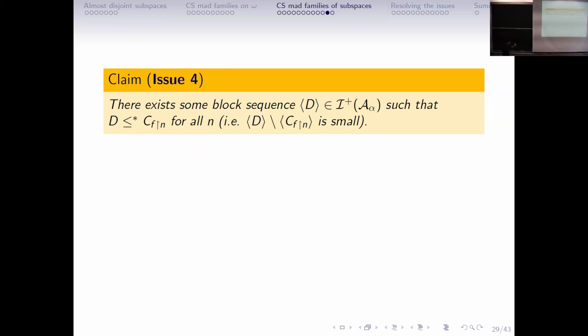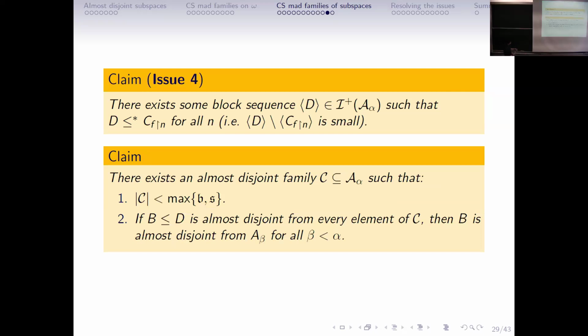So therefore, we can indeed take this D as a diagonalization of this chain of positive sets. And this D will correspond to the previous Y, the magical Y, right? Because we can get a limit test of this C of size less than max of B and S, and we just need to test whether a subspace of D is almost disjoint from every element of B. That's enough to conclude that it's almost disjoint from every A beta.